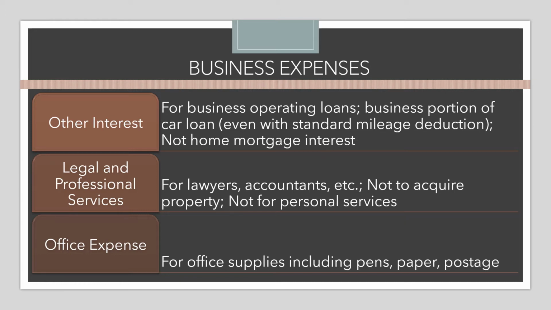So, you know, if it's for a will or for personal taxes, those kinds of things, then those are personal services. They're not deductible. If it was just strictly for the business, then it is deductible on the Schedule C. Then we have the office expense, and this is generally used for office supplies, things like pens, papers, postage, that kind of stuff.